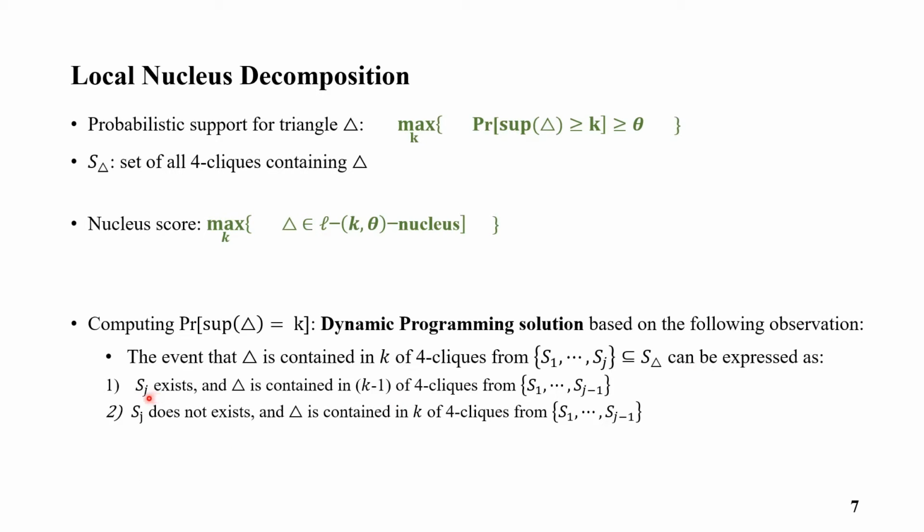The first one is that Sj exists and the triangle is contained in K minus 1 of 4 cliques from this set, or Sj does not exist and the triangle is contained in K of 4 cliques from S1 up to Sj minus 1. Then, using these 2 events and considering the probability of existence of these 2 events, we obtain a recursive formula for computing this probability for different values of K.